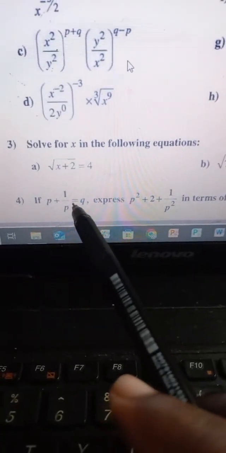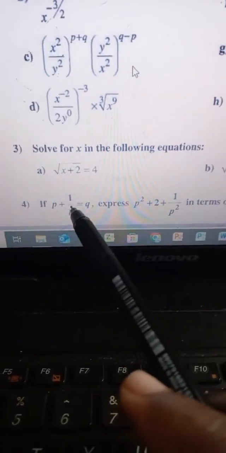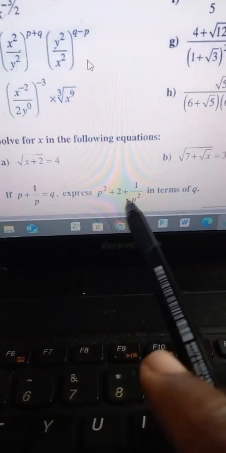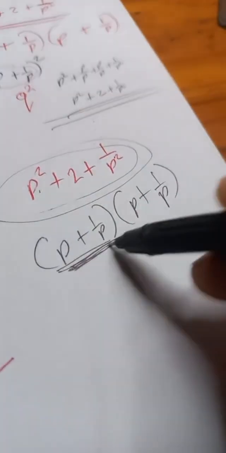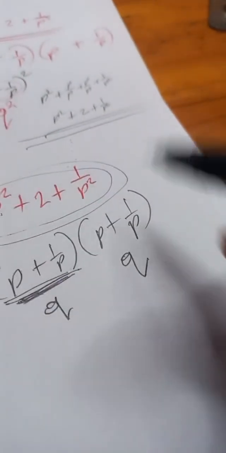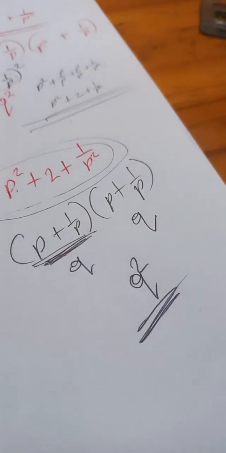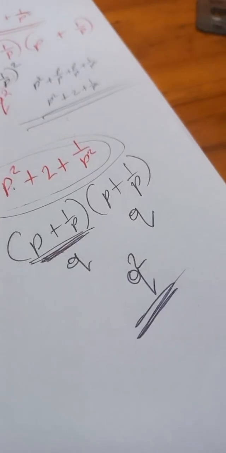If P is this, and as we factorize and we found this, express this equation, which we factorized, in terms of Q. So if we come here, we are going to replace this with Q and this with Q. If we replace these two, we are going to get Q squared. That is going to be our equation, Q squared.